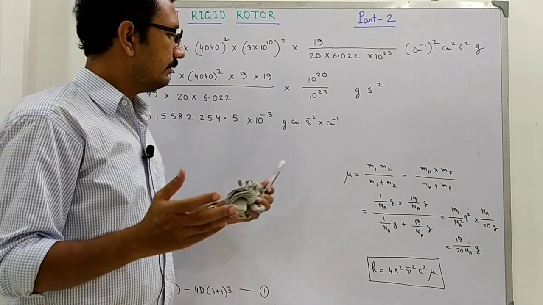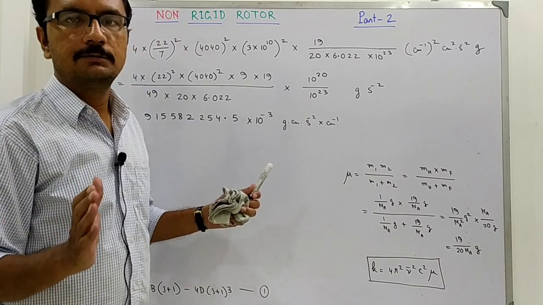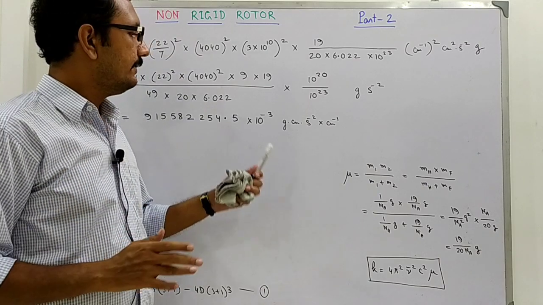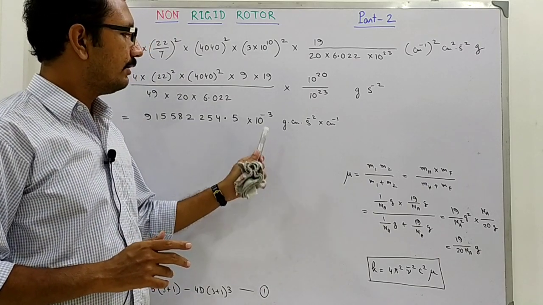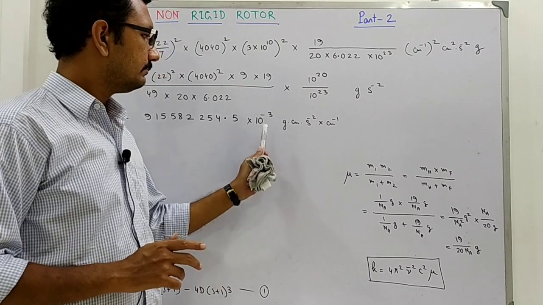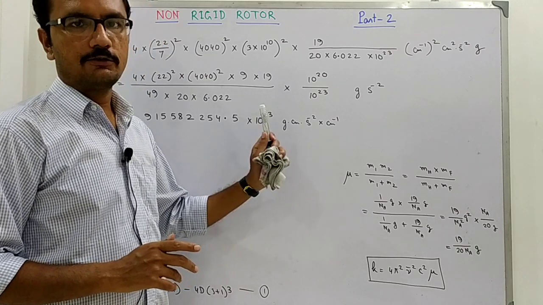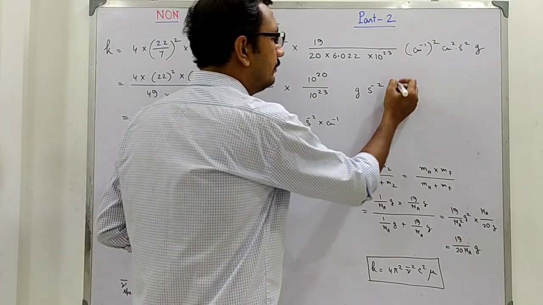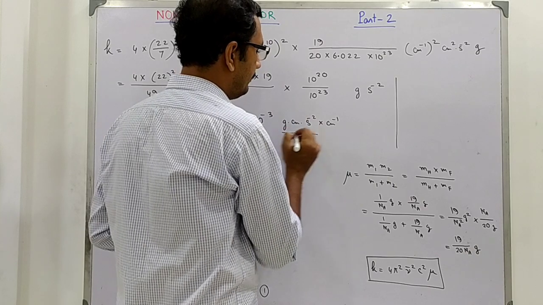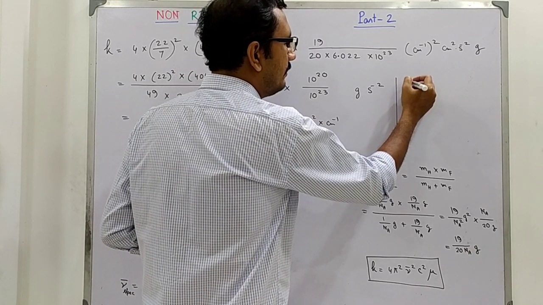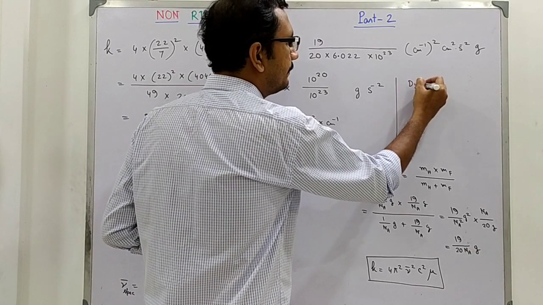Now can you remember the definition of one dyne? One dyne is said to be the force which, when acts on a body of mass 1 gram, produces in it an acceleration of 1 centimeter per second square. So this 1 gram centimeter per second square, it is one dyne.